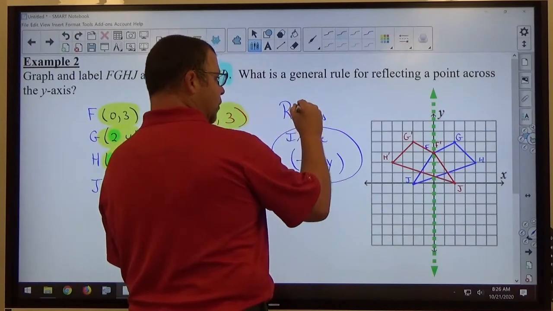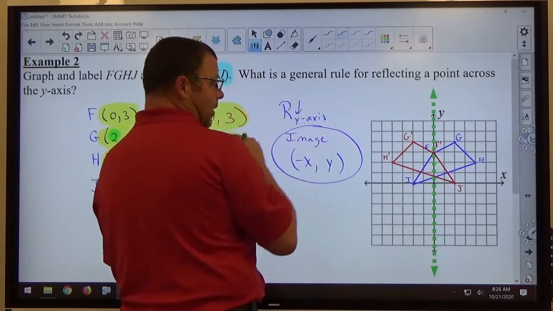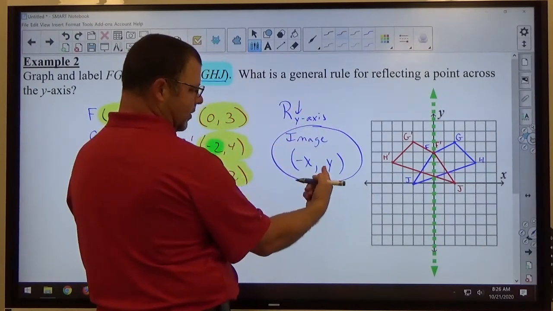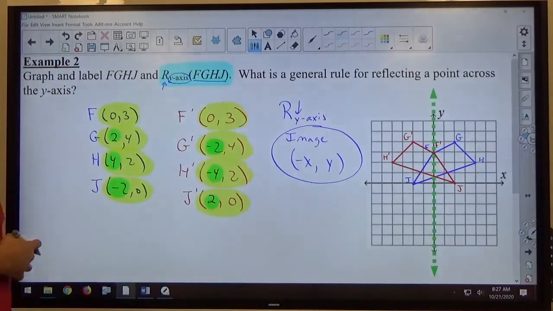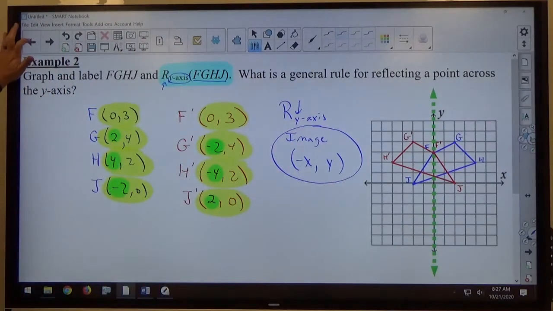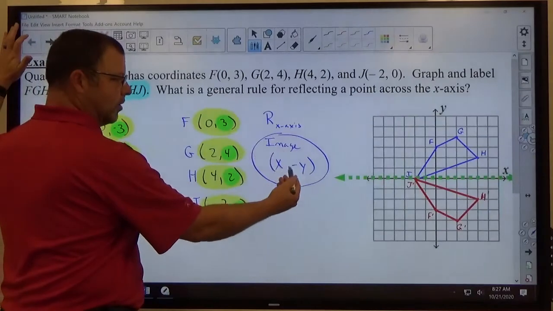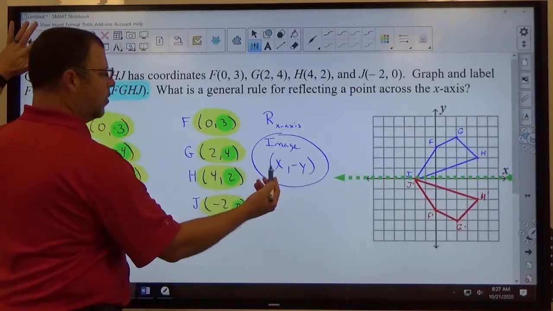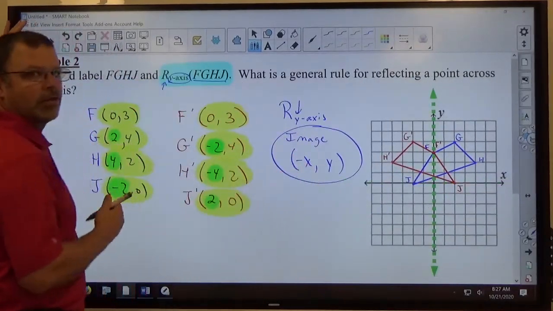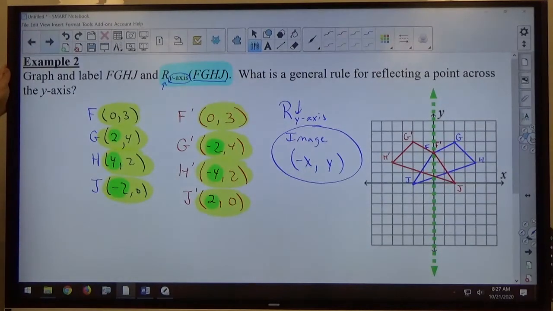So going back to 1, x-axis, x stays the same, y changes; y-axis, y stays the same, x changes. So they're consistent at least. Whatever reflection is, that letter stays the same, the other one changes to its opposite.